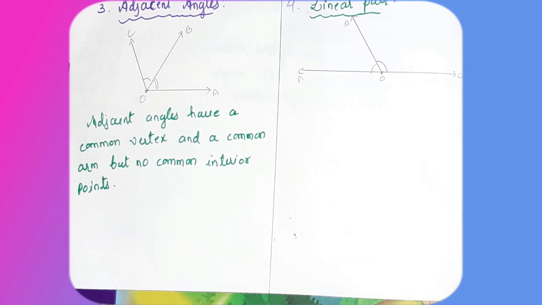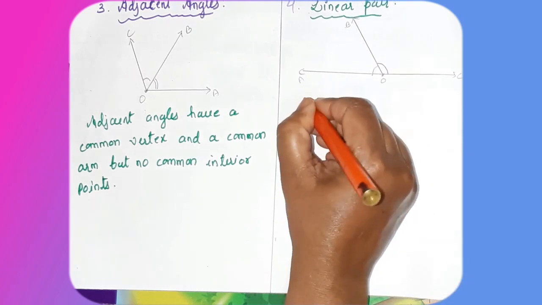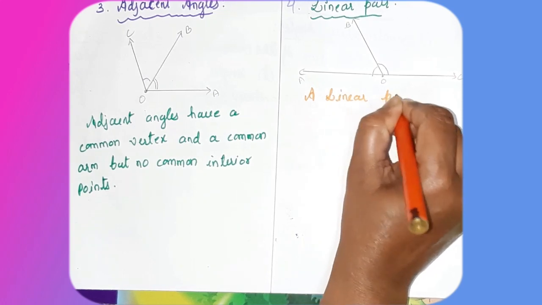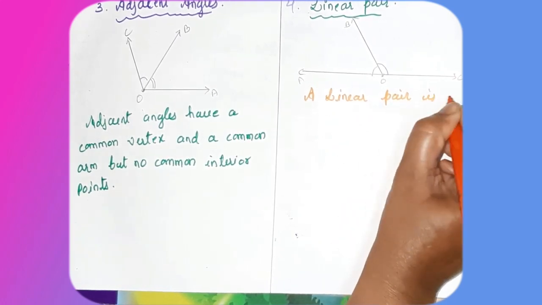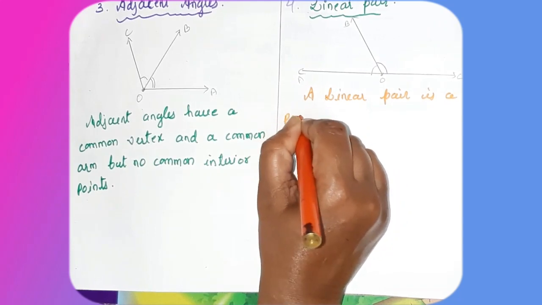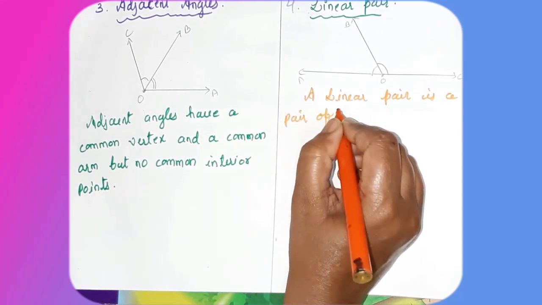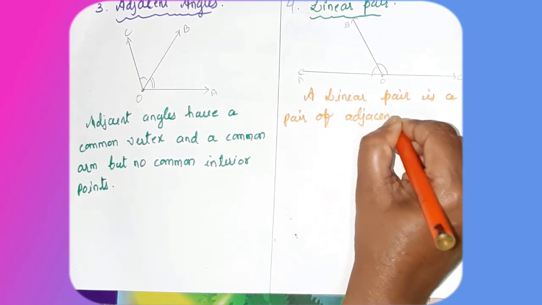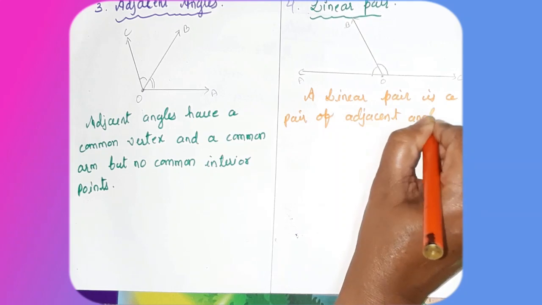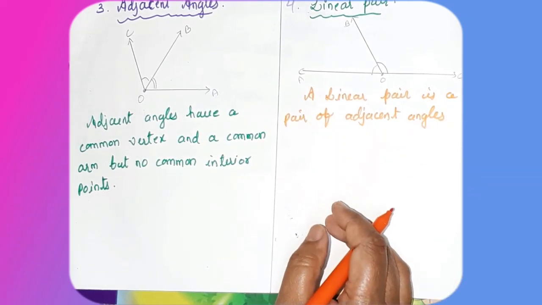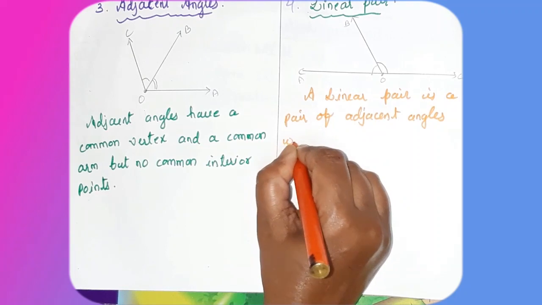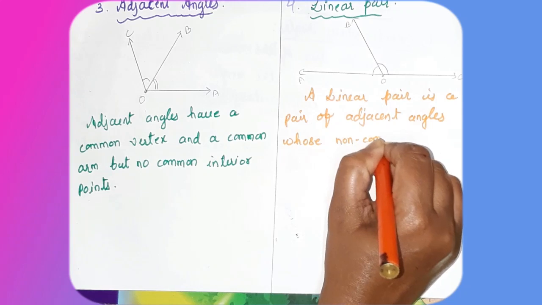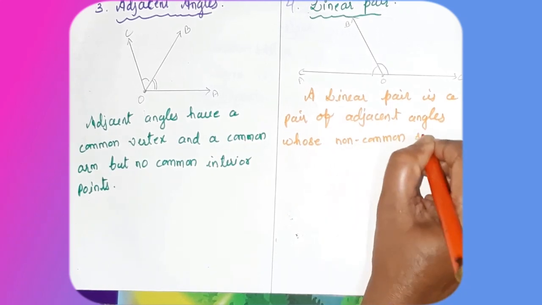So what is the definition? A linear pair is a pair of adjacent angles whose non-common sides are opposite rays. Non-common means which is not common.